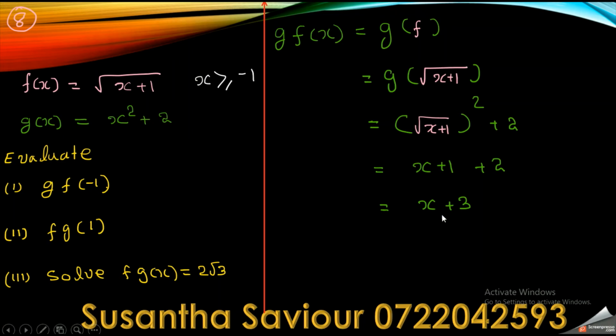I think it is very clean and clear. Now in this gfx, x is replaced by minus 1. That is what we need, right? So we replace this x by minus 1 and then you get 2.